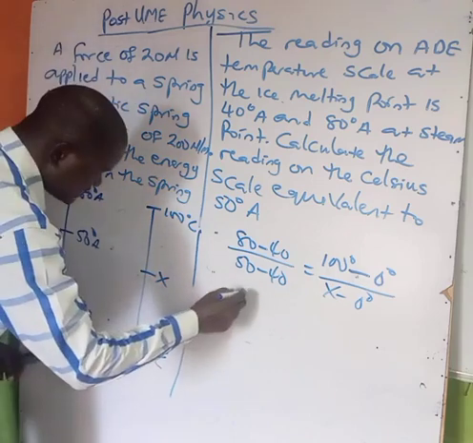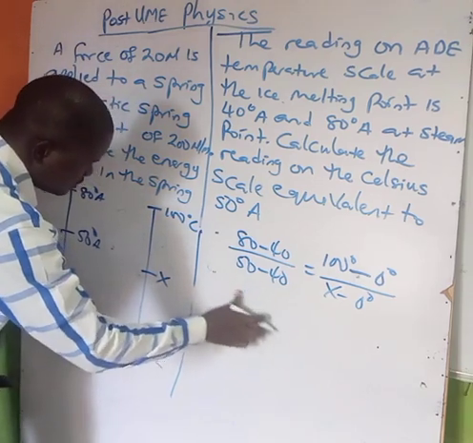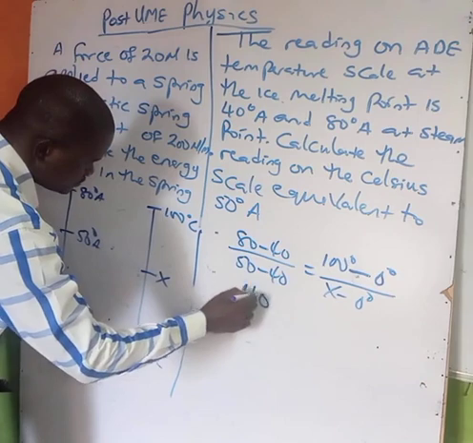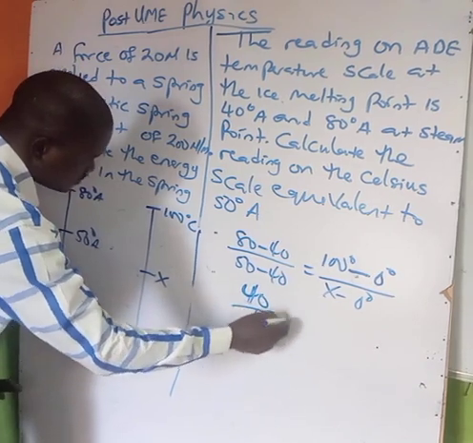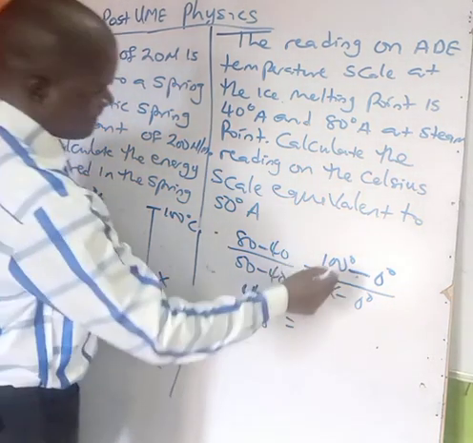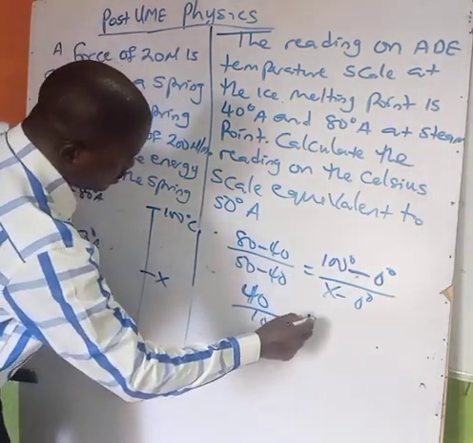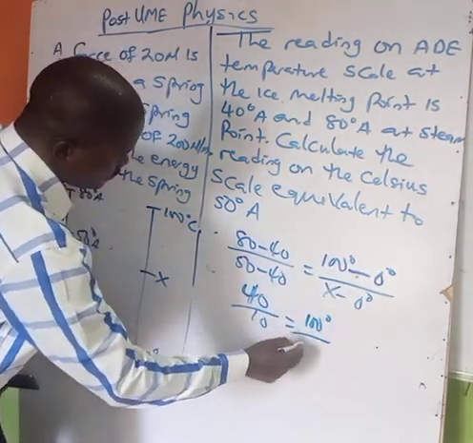So what you have here is 10 over 40, which is equal to x over 100 degree.